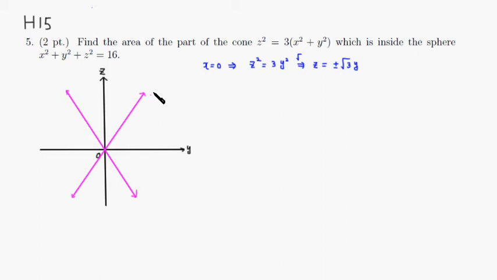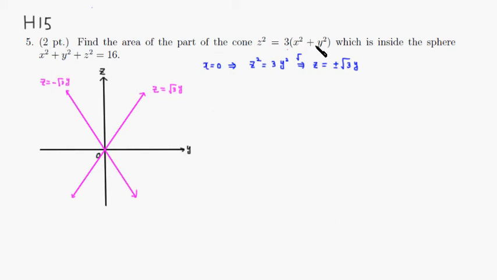This is z equals square root of 3y, and this guy is z equals negative square root of 3y.